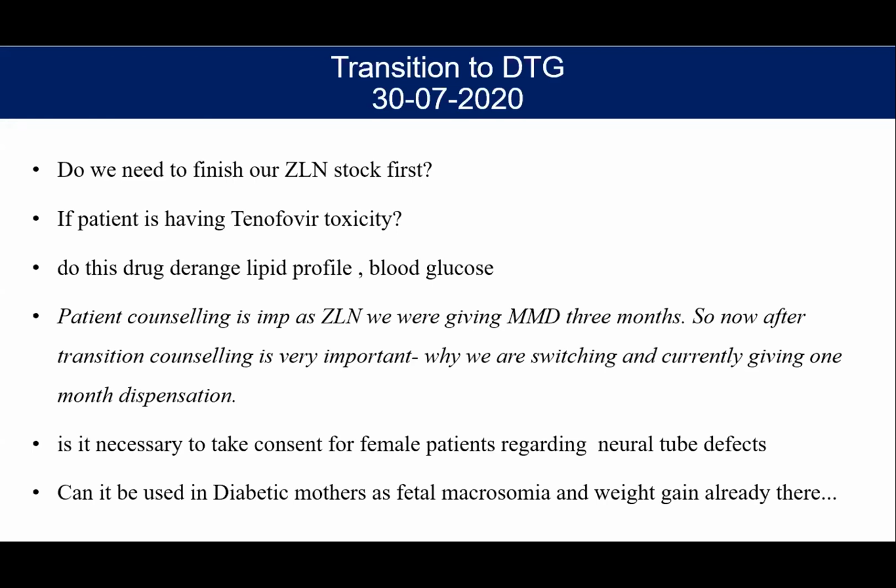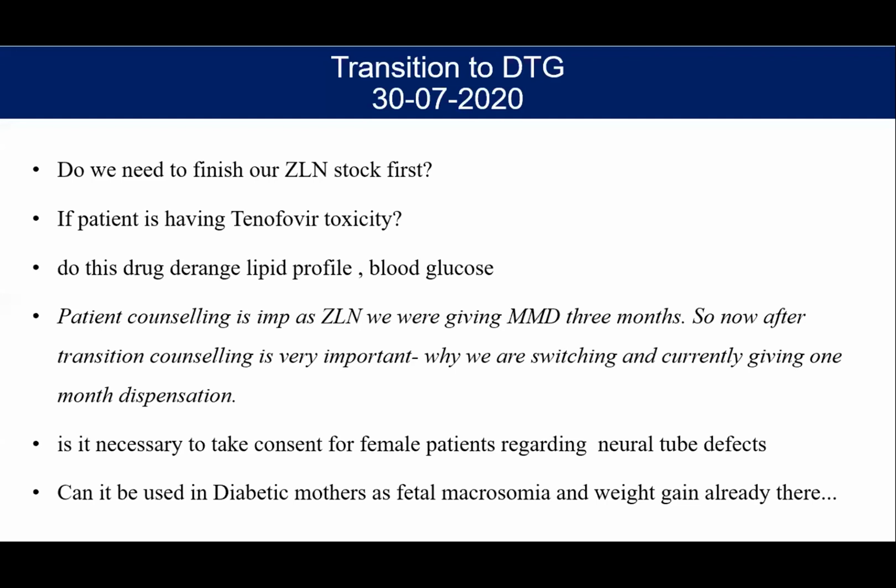Thank you, Dr. Chinmay. Next is it necessary to take consent of the female patients regarding neural tube defects? Not all female patients. The women who are in pregnancy potential, that is that age group in which they might become pregnant, even if they are not pregnant as of now, from those patients all these things need to be discussed, and then it needs to be started.